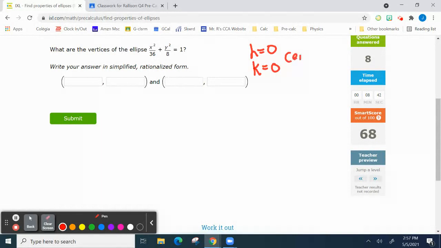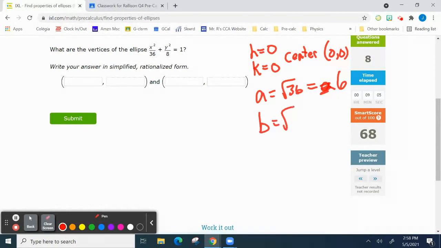So the center is 0, 0, right? And now I've got to figure out my a and my b. So a is the square root of 36, so a equals 6. And b equals the square root of 8.